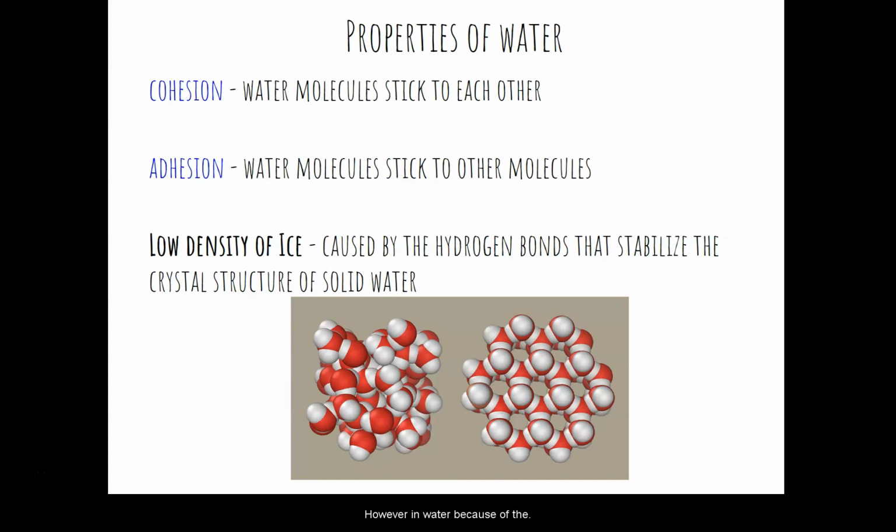However, in water, because of the hydrogen bonds that form between water molecules, as water cools down into its solid state, it actually forces the molecules a little bit apart, and it forms a crystal structure. That crystal structure has more space between the molecules in the solid crystal than in the liquid water. And as a result, solid water is less dense than liquid water, and ice floats.